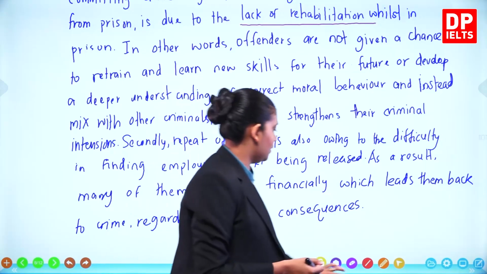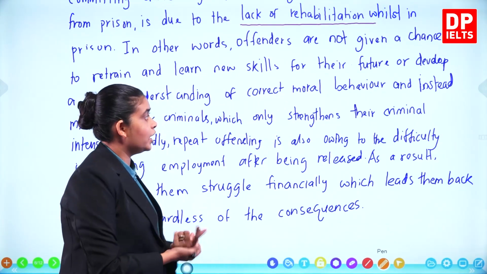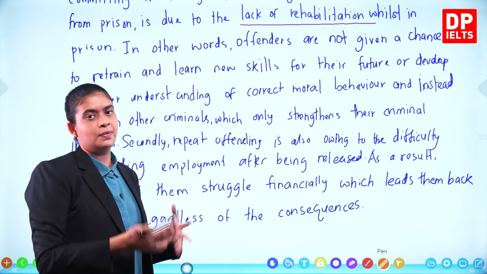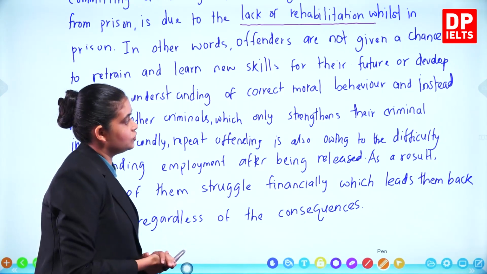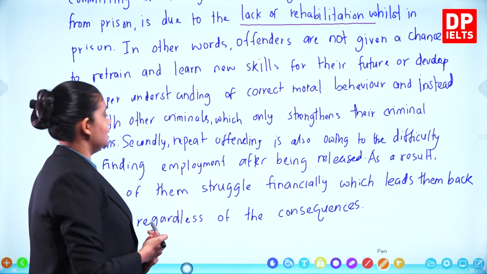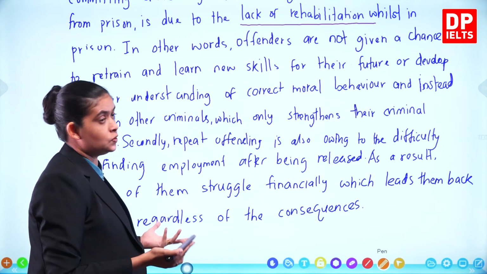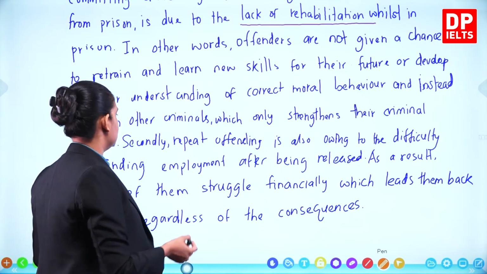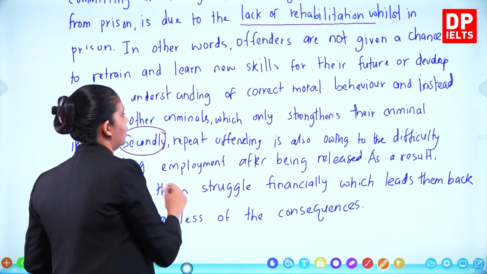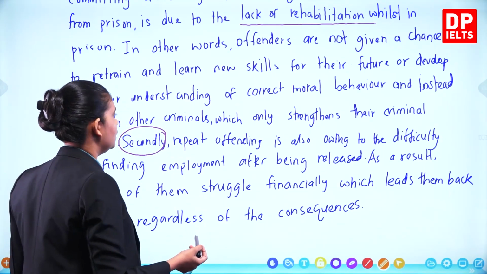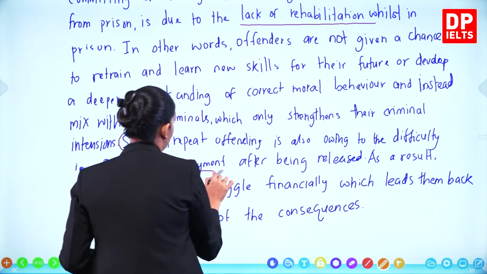How their behavior is not being changed, and we kind of mix them with the other criminals, so it only strengthens their criminal mindset or the intentions. So therefore that is one reason. And then we say secondly, what is it? It's the problem in finding employment.